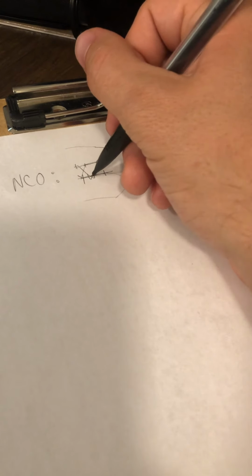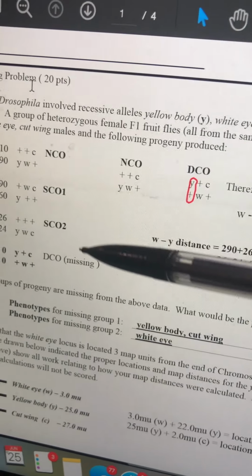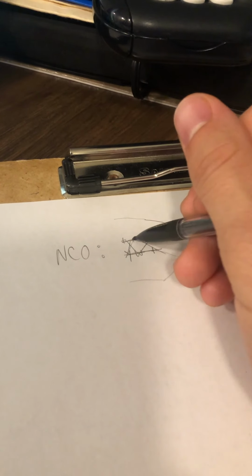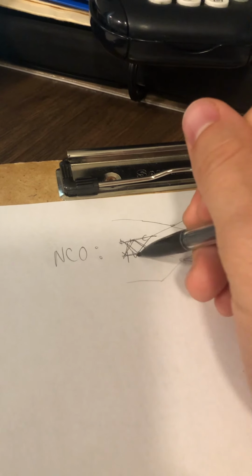No crossing over is the most likely, but we can also have single crossing over. There's one way to do it, but there's also another way to have single crossing over, like that. So that's why we have SCO1 and SCO2. And then we have the double crossing over.